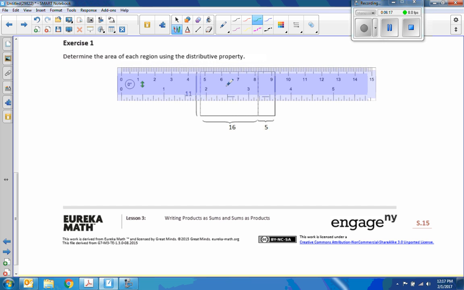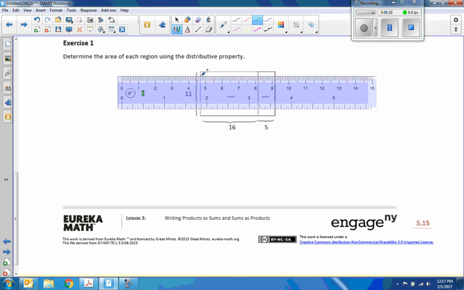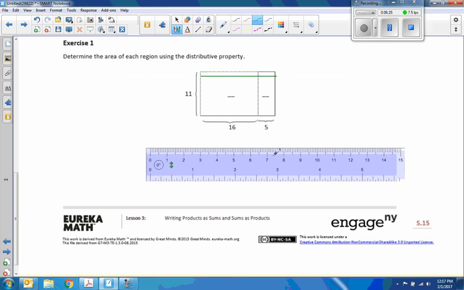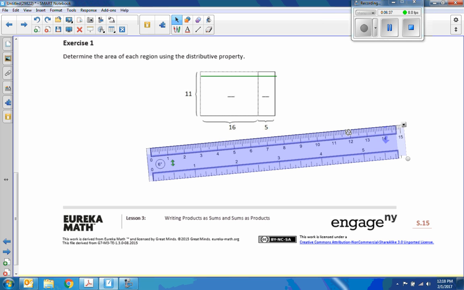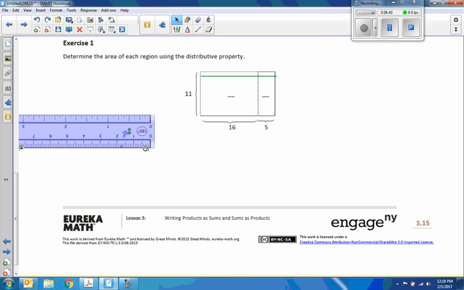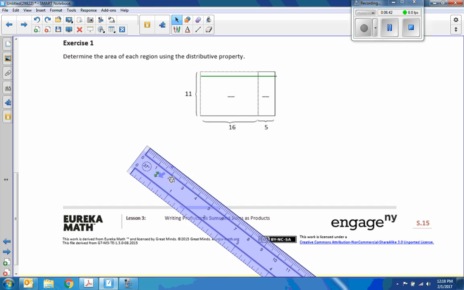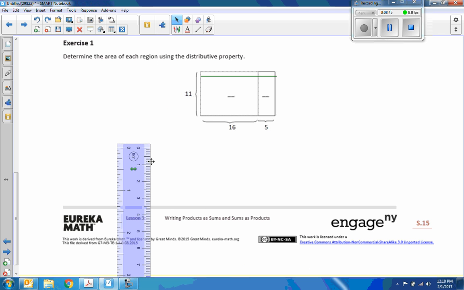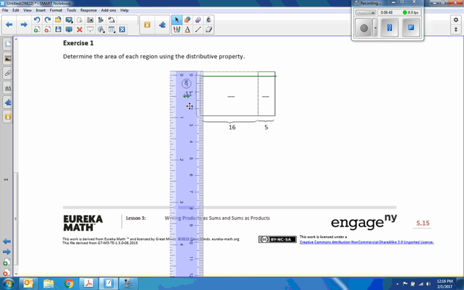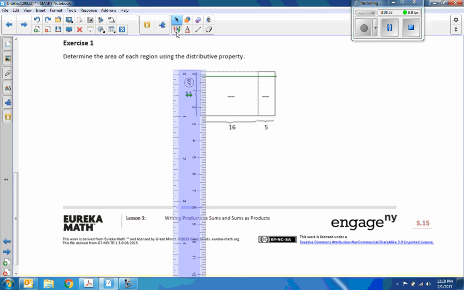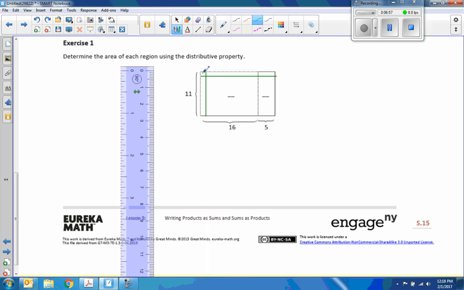I'm not going to do this whole thing, but if I drew a straight line there, and I move my ruler and rotate it to vertical, and move it over here, then draw a line, what I'm doing is making tiny little squares.